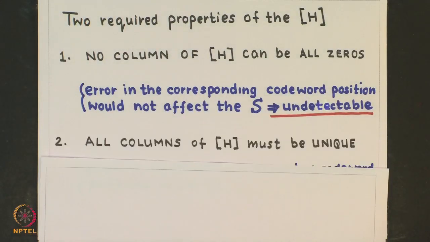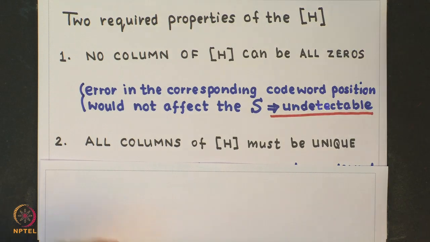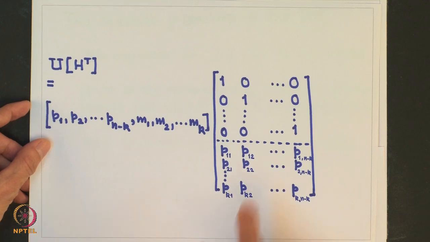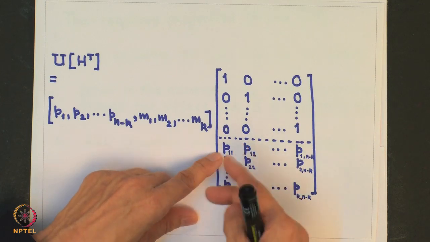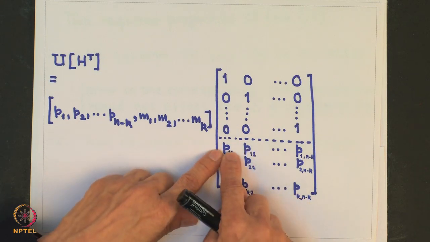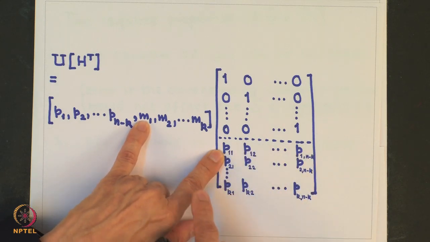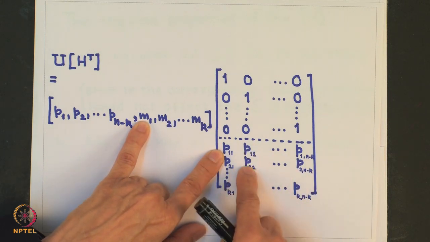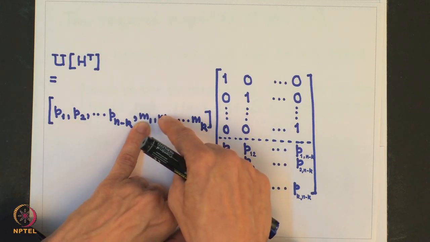There will be no contribution from that error, and that is why this will go undetectable. Okay? And the second is that all columns of H must be unique. So, what this implies is that all rows of H transpose should be unique, because if that does not happen, then the error in two positions will be indistinguishable. For example, if I have an error at this point corresponding to this row, and I have an error say at this point corresponding to the second row, if both are identical, then I am not sure whether the error has occurred here or here, correct.